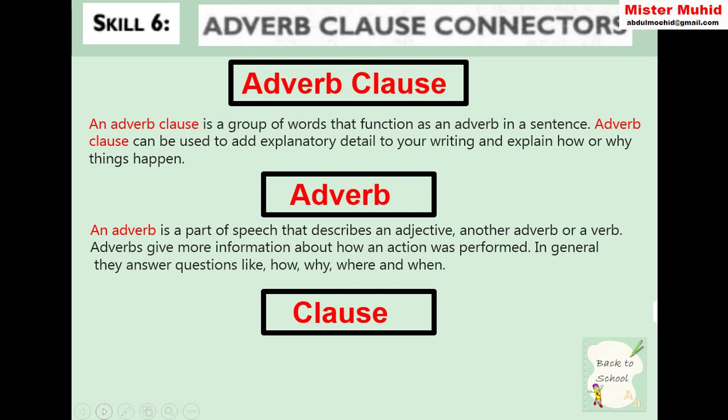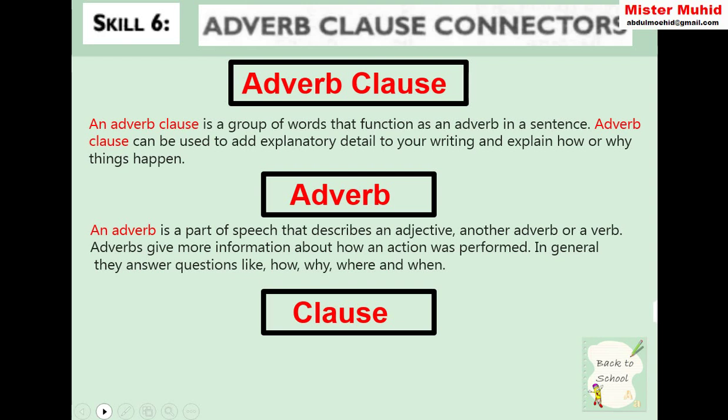Maybe later I will also discuss the adverb. There are three kinds of function: describing an adjective, an adverb, or another verb. An adverb gives more information about how an action was performed. In general, adverbs answer questions like how, why, where, and when.